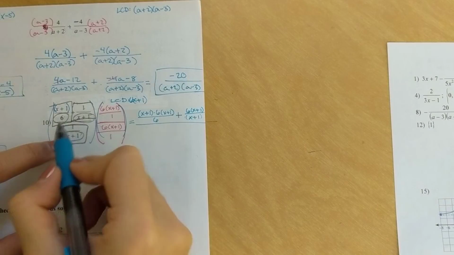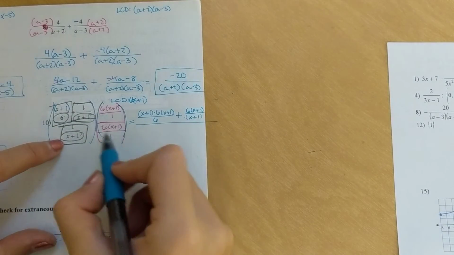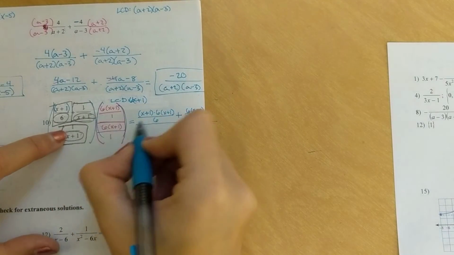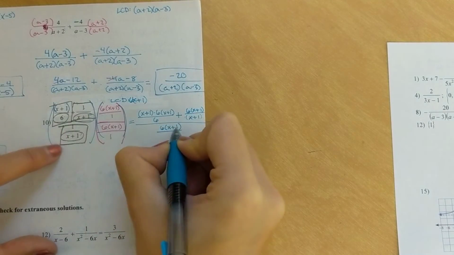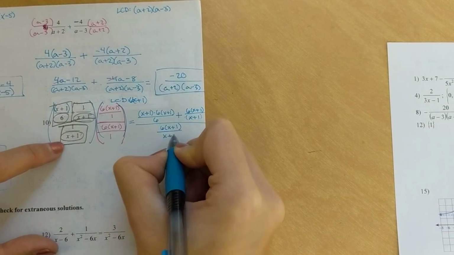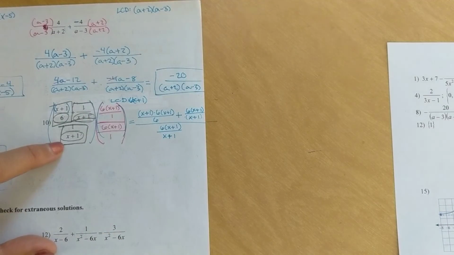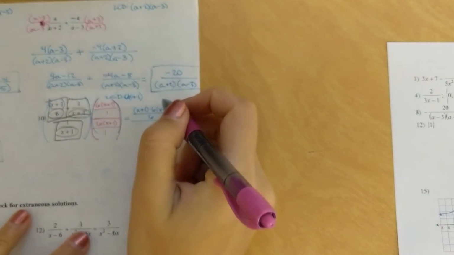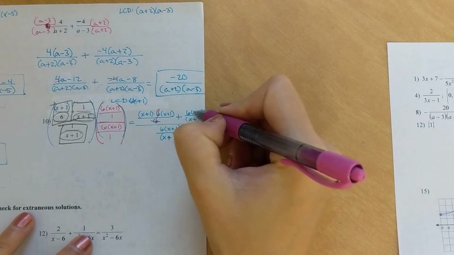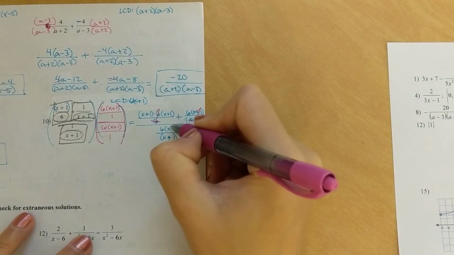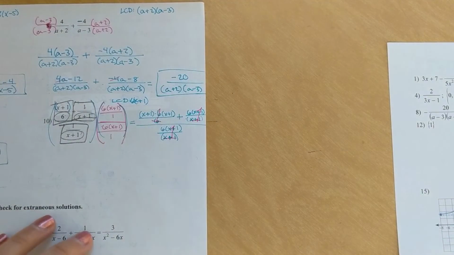Over this fraction, 1 over x plus 1 times the LCD, so 1 times the LCD, 6 times x plus 1, over x plus 1 times 1, which is just x plus 1. So 6 over 6 is 1, a special form of the number 1. X plus 1 over x plus 1 is 1. X plus 1 over x plus 1 is 1.